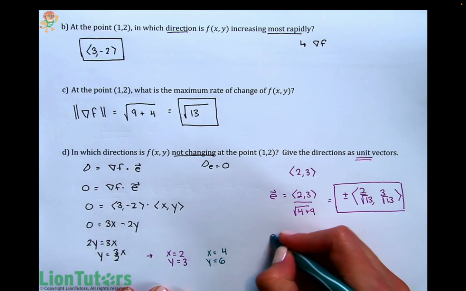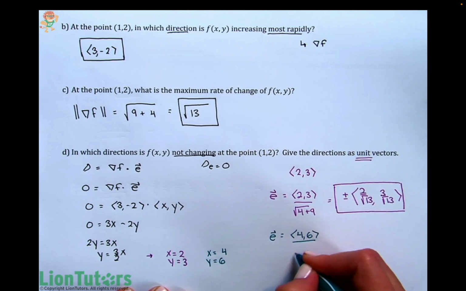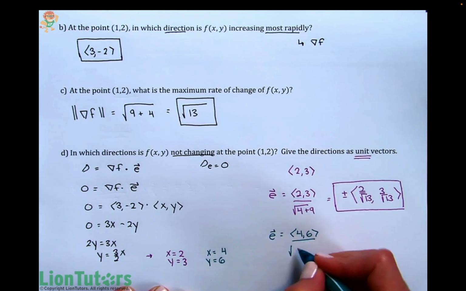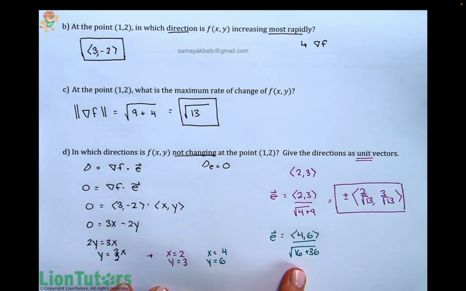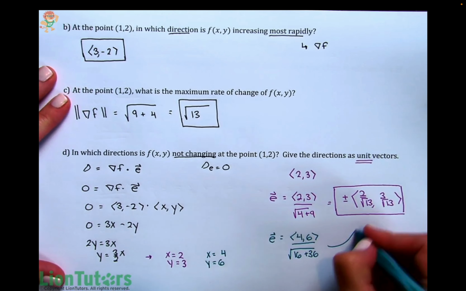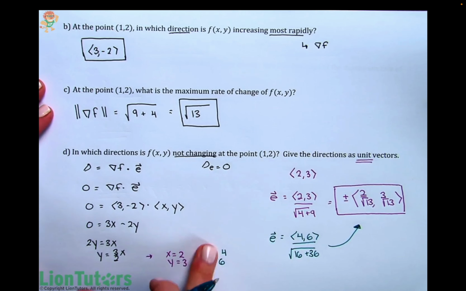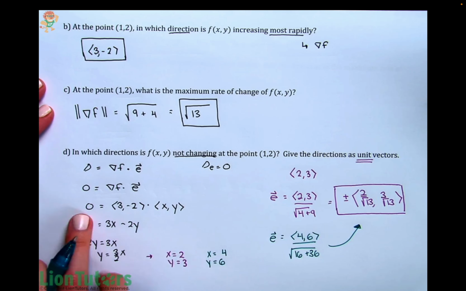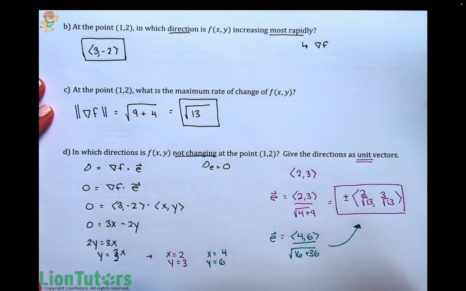If you were to take the unit vector of the vector (4, 6), and if you were to actually simplify this down, you would end up getting the exact same thing. So that's what I mean by it doesn't matter whether you choose (2, 3) or (4, 6) or any values that solve this equation right here. When you scale it down to a unit vector, it'll all be the same.